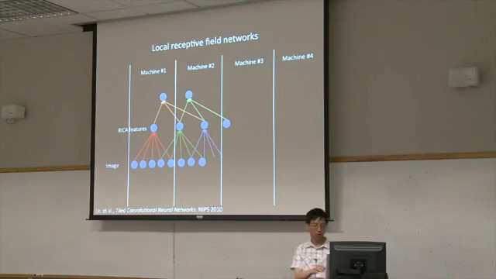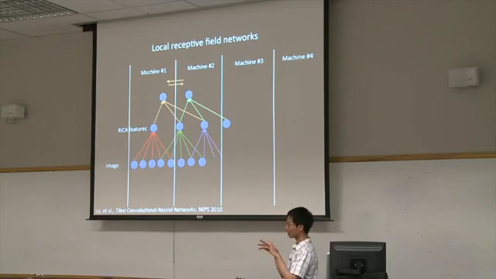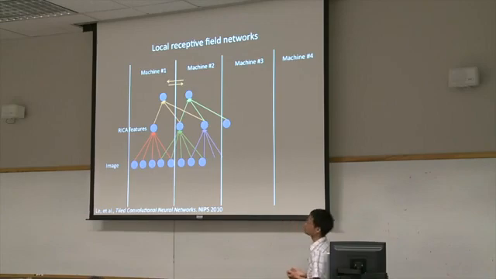Of course, there will be a little communication across the machines, but we can design the batch size and so on so that the communication is very small compared to the computation of the features. This is one of the first steps that seemed to be very successful in parallelizing this network.